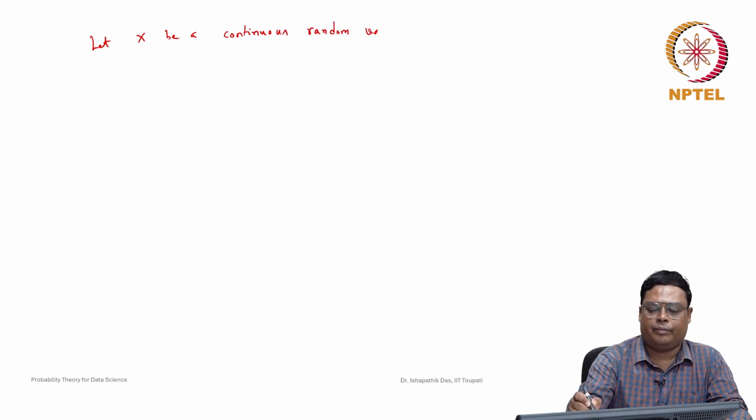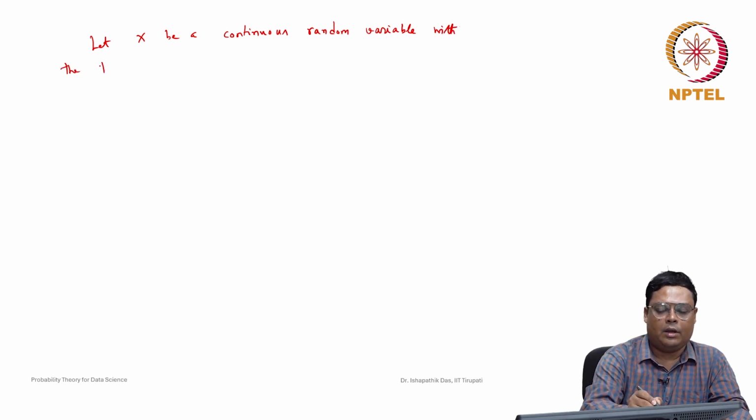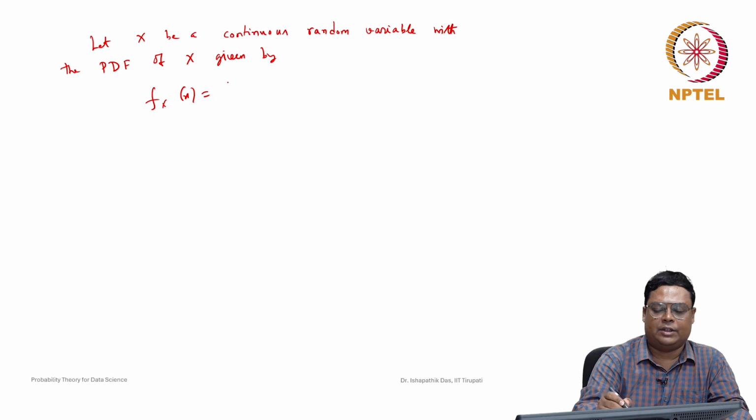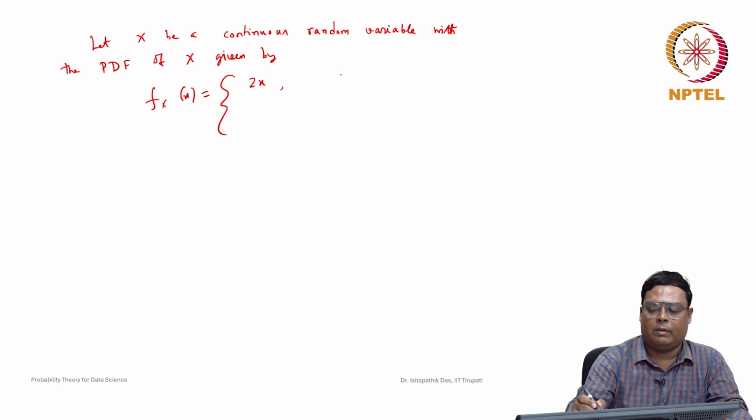Let X be a continuous random variable with the probability density function of X given by f_X(x) equal to 2x, whenever x is between 0 and 1, and 0 otherwise.